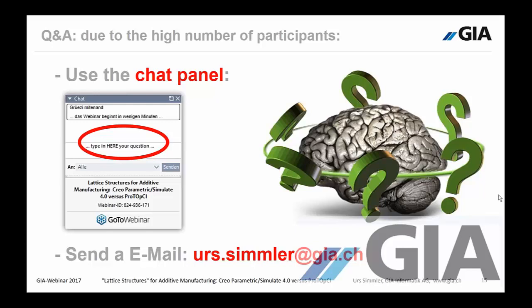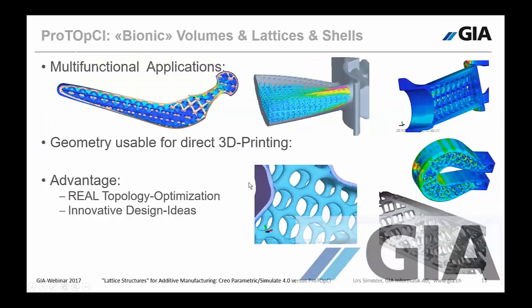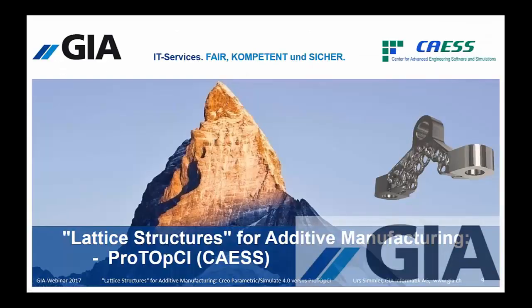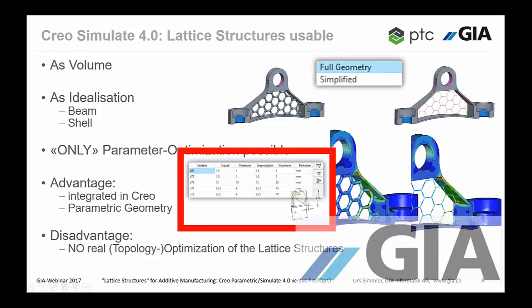Yes, as I told you before, and I'm going back here in my presentation to that slide, a real optimization is, in my opinion, not possible, because you can just take the dimensions coming from the lattice feature of CreoParametric and say this dimension will be modified between a minimum and maximum value, and you have to set a start value.